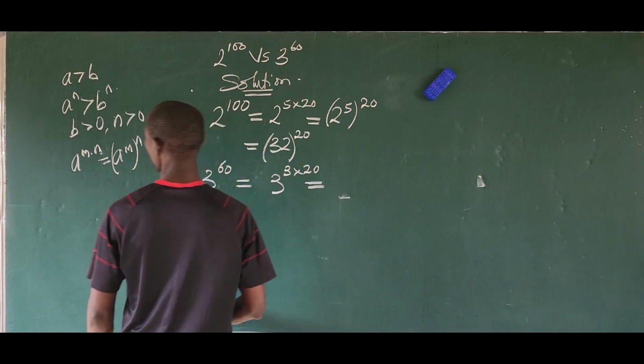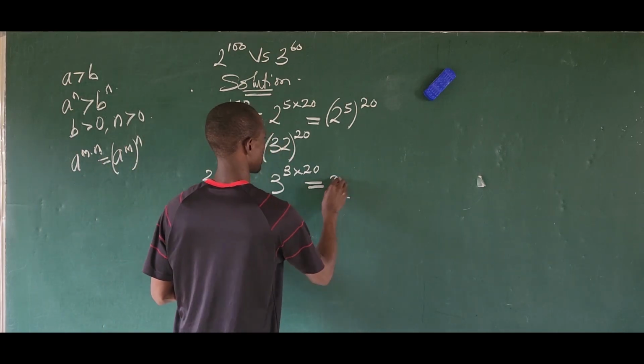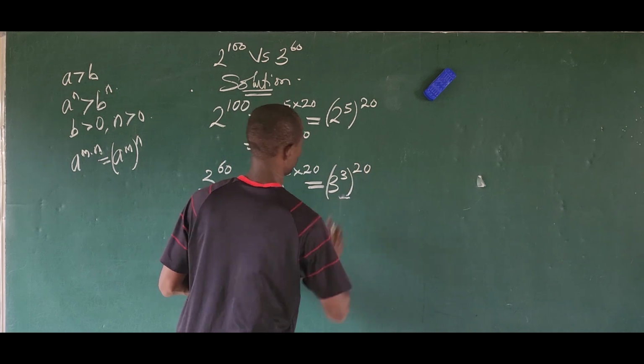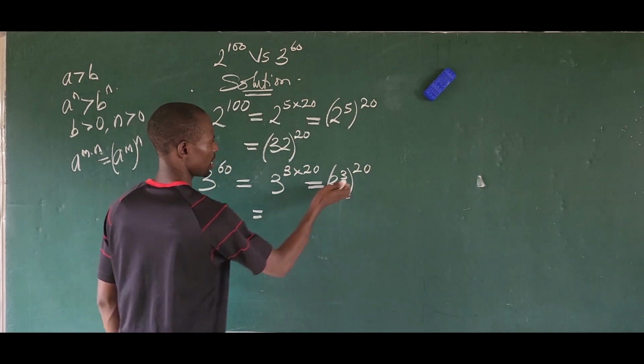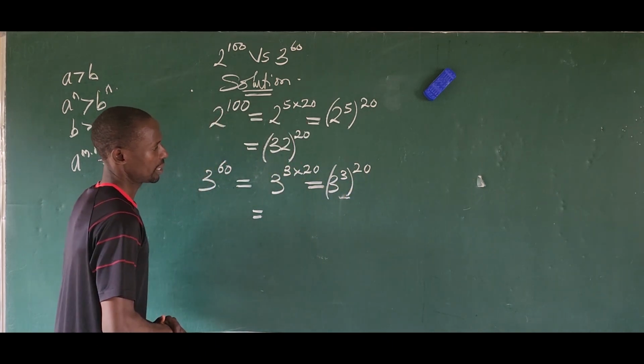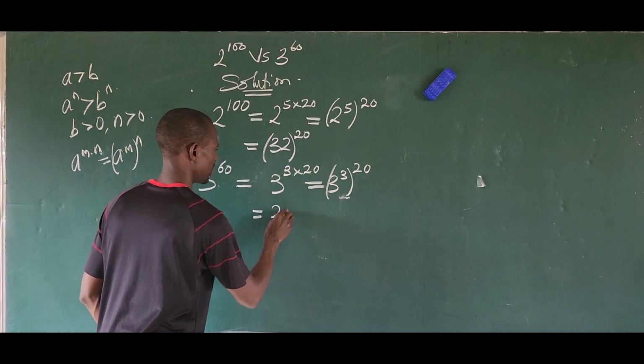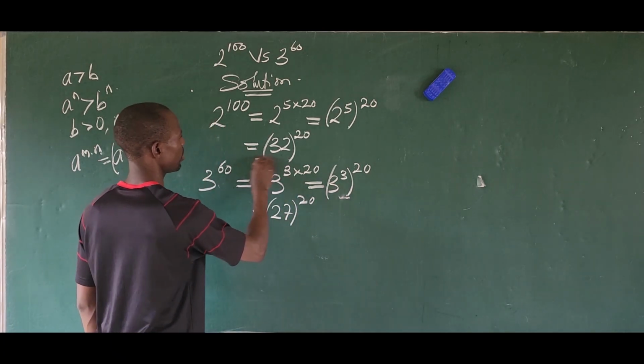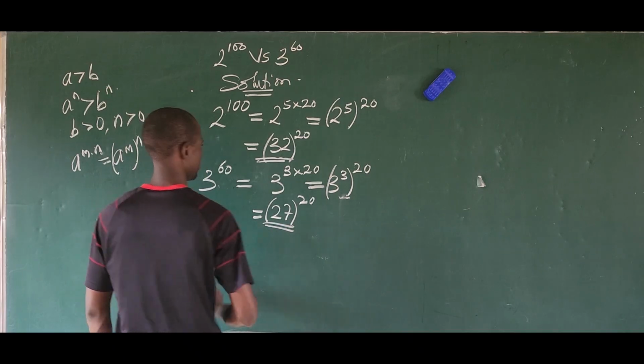So apply the law of indices here. We can separate this to be 3 to the power of 3, all raised to power 20. And so this 3 to the power of 3 will give us 27. So we have 27 all raised to the power of 20. So thank God we'll be able to strike a deal.